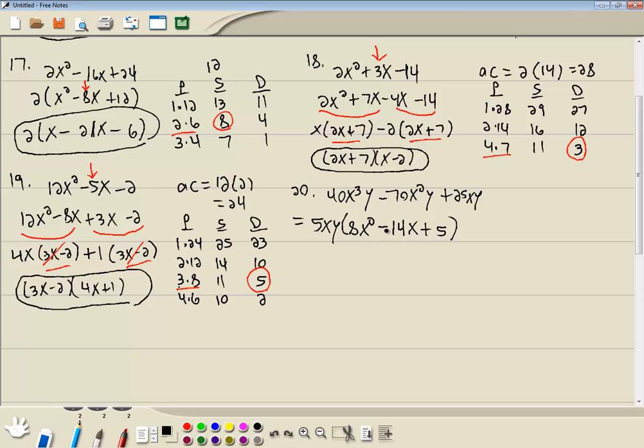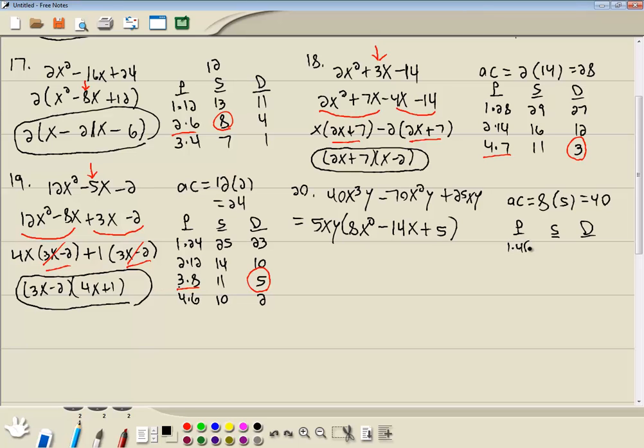Looking at what's inside the parentheses, I see I have an x squared, x, no x, and a number in front of the x squared. That's key number. With key number, we take the number at the beginning, the 8, times the number at the end, the 5, and that gives us 40. Come up with our 3 columns.